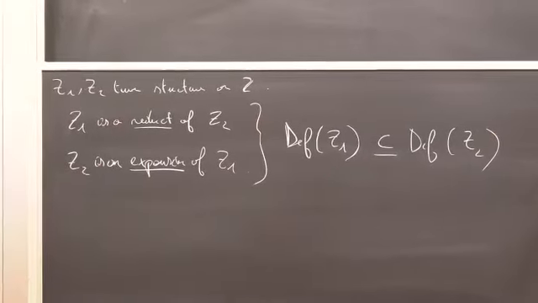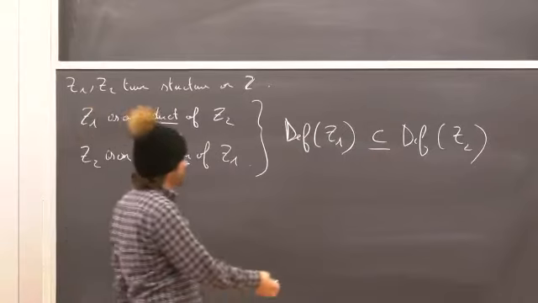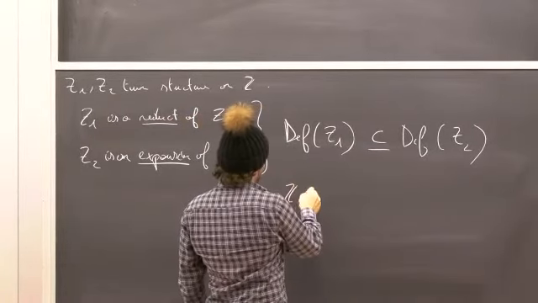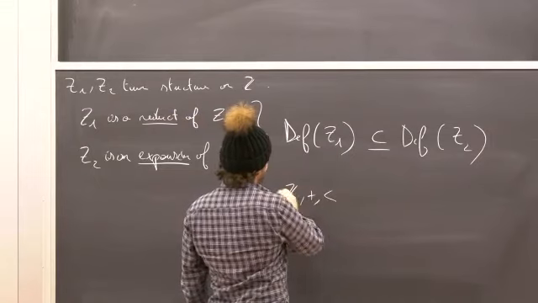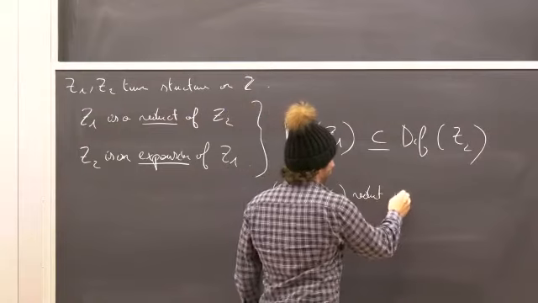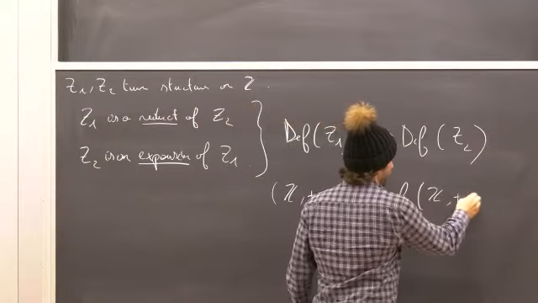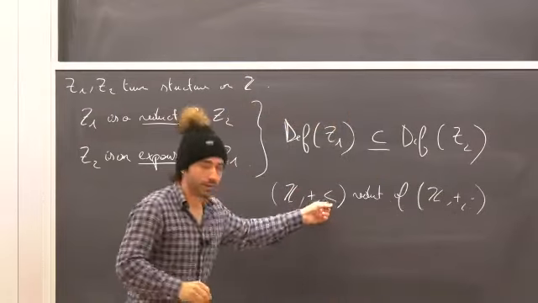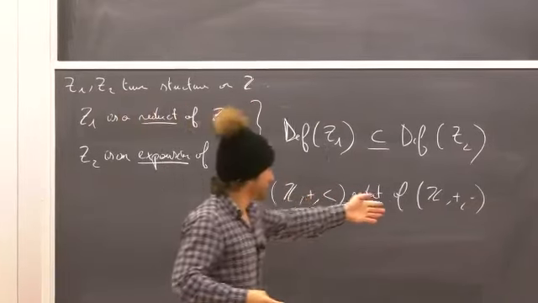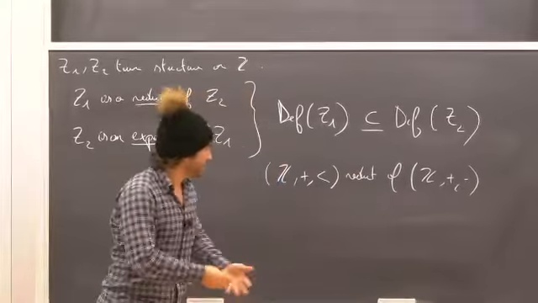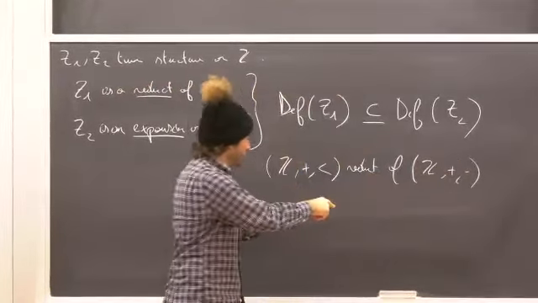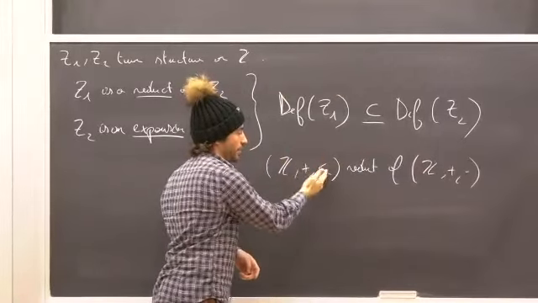So what's an example of this? Let's try to show that this is a reduct of the ring of integers. Here we don't have the order relation in the language, but what I'm saying is that the class of all definable sets here contains every definable set there.